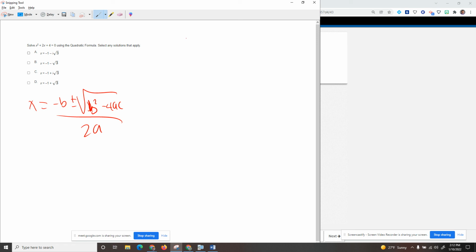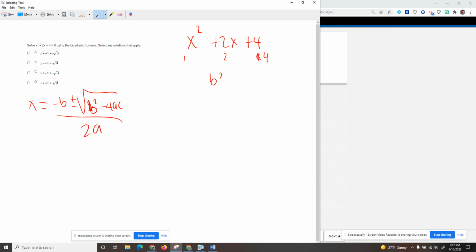The equation x squared plus 2x plus 4 has an A value of 1, a B value of 2, and a C value of 4. So we're going to substitute those numbers in for A, B, and C in that formula.